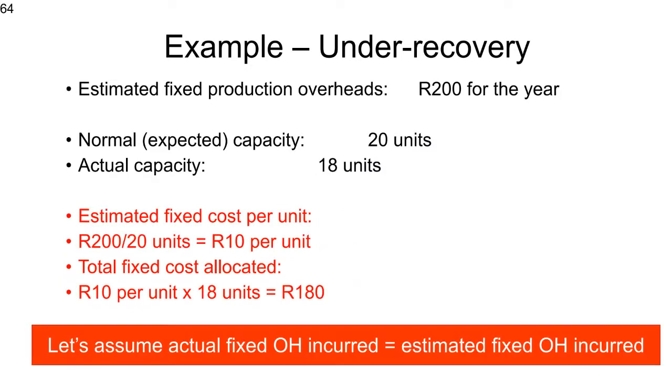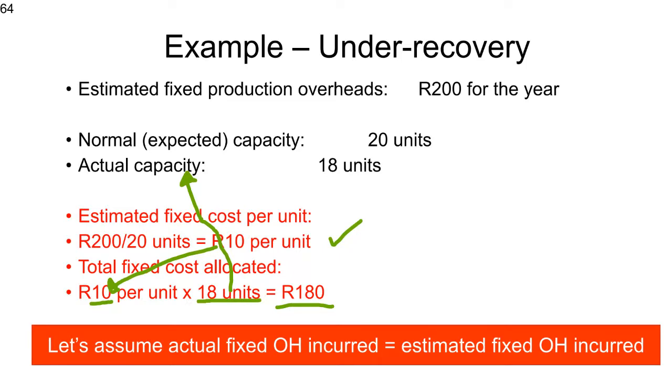Now let's have a look at the answer. What does the answer look like? What are we supposed to do now? So we got the 10 Rand. That was correct. We managed to calculate that. Then we said the 10 Rand, the allocation rate, multiplied by the 18 units, which is what we actually produced during the year. We call that actual capacity, and so we allocated 180.